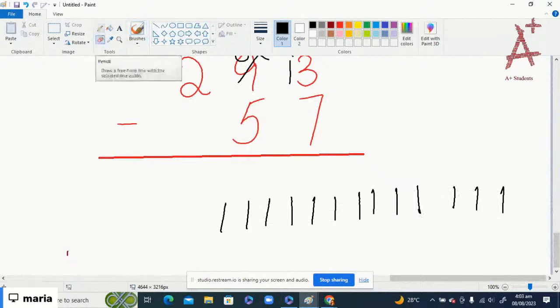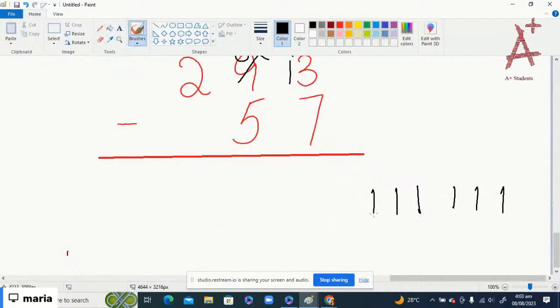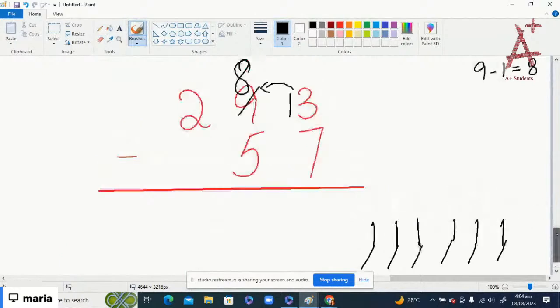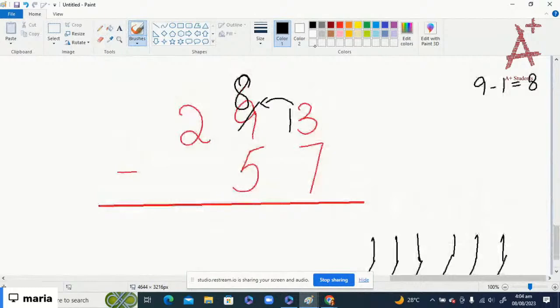Just remove 7 lines: 1, 2, 3, 4, 5, 6, and 7. Now count the remaining: 1, 2, 3, 4, 5, 6. Here we got the answer 6. Let's move to the next.